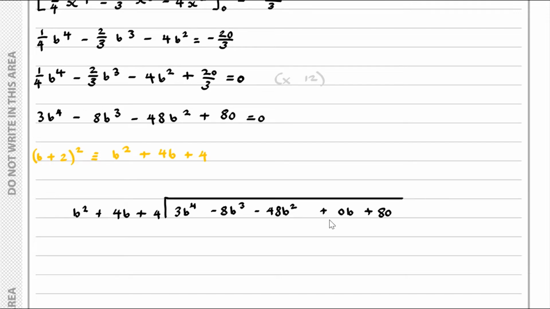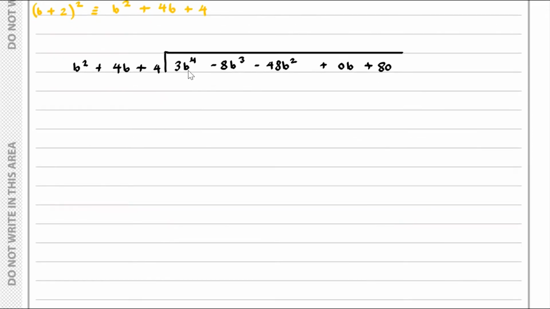Okay, so if we work this out, this is where it gets a bit complicated actually. 3b to the 4 divided by b squared, that would be 3b squared. So we put the 3b squared here, and 3b squared multiplied by this, we end up with 3b to the 4 plus 12b cubed plus 12b squared.